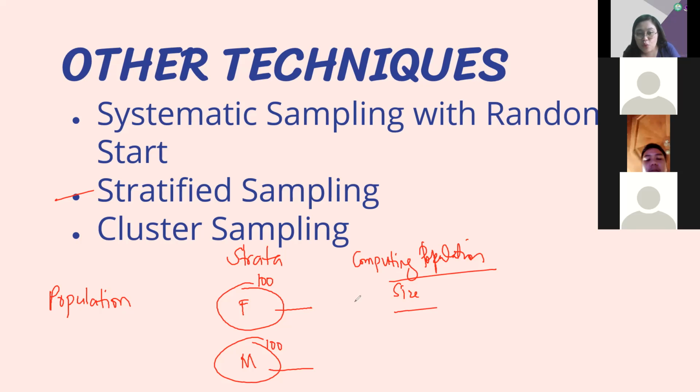Ilang babae ang kailangan mong kunin and ilang lalaki din dito sa second group. Kung na-identify mo na yon, then mauuwi tayo pa rin sa random sampling. So pag compute mo, for example, 10 na babae and then 10 din na lalaki, so you will just have to do random sampling to get 10 from this group and then another 10 from this group. That's just the difference though between random sampling and stratified sampling.